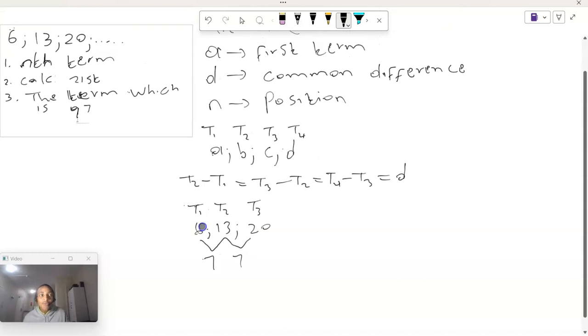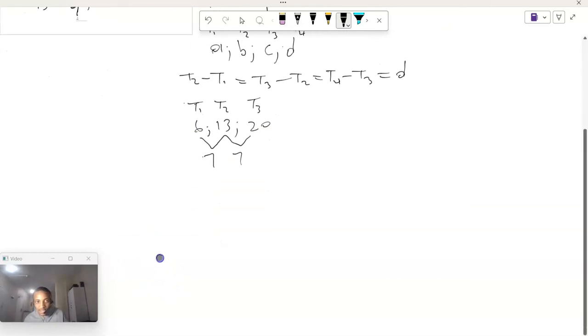Our first question in the example says: find the nth term of the sequence. To find our nth term, we just need to write our original formula, a plus (n minus 1) times d.